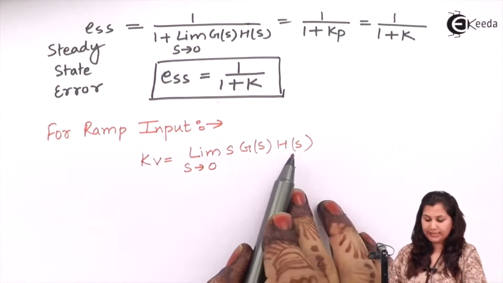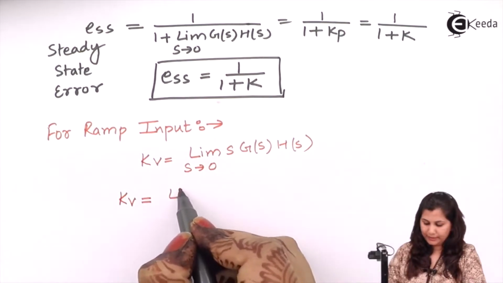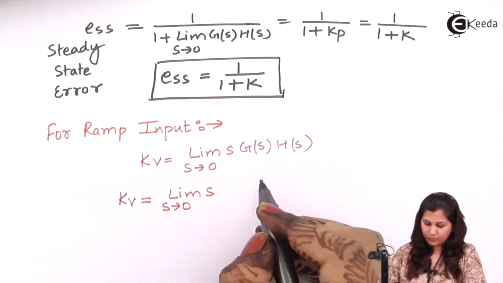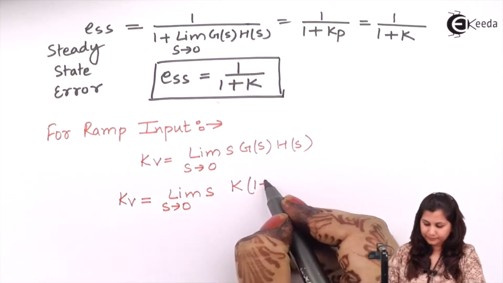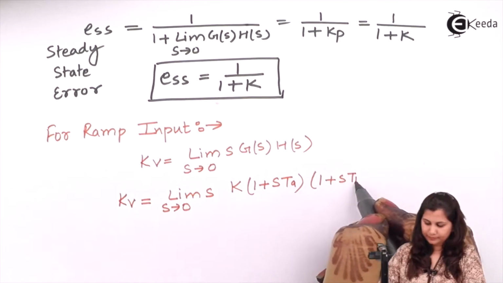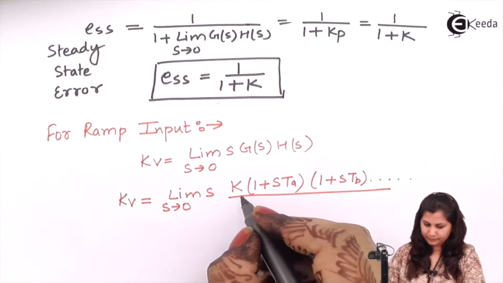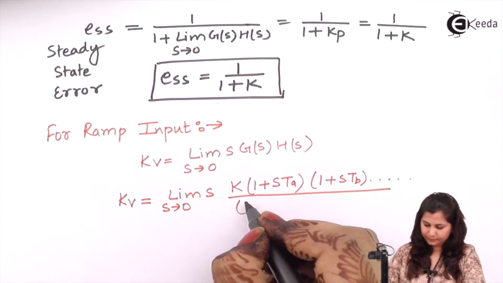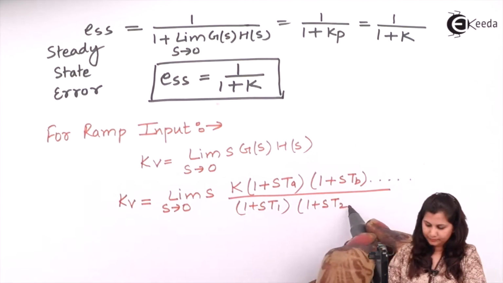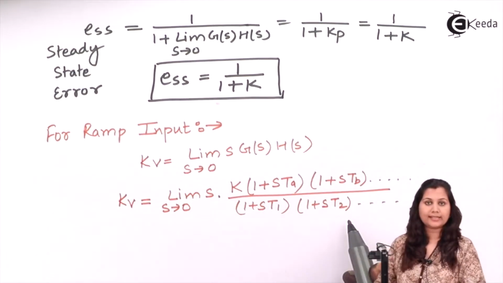Putting the value of G(s)H(s) in this expression, we get Kv equals limit s tends to 0 of s times K upon (1 + sT). So we have multiplied this s with the G(s)H(s).